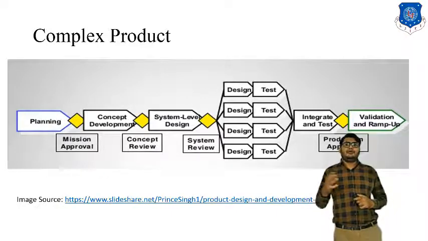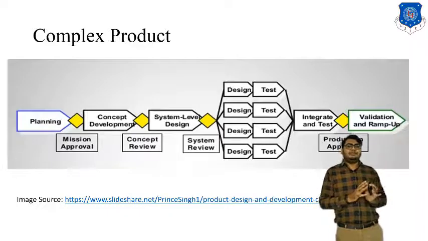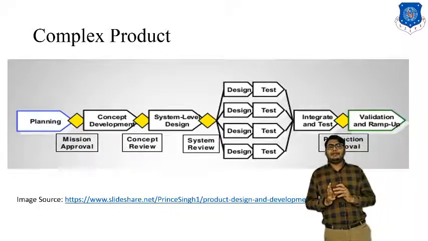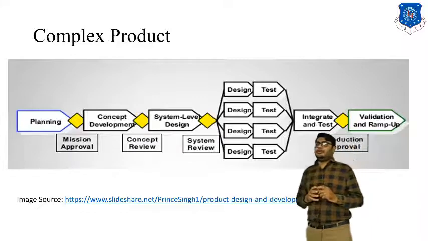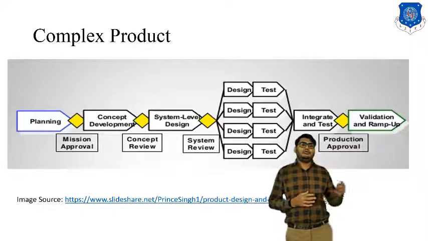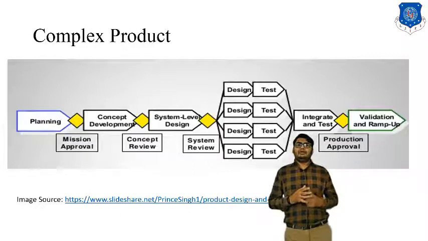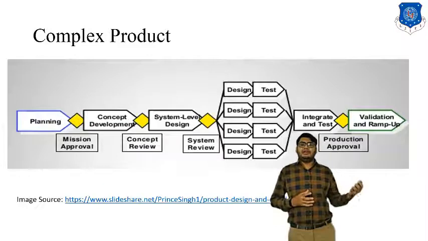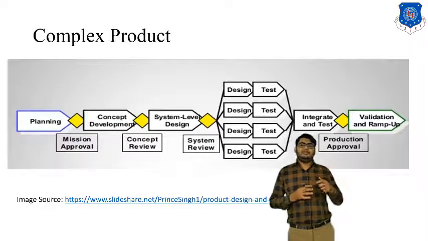After that, we go for system level design and then we go for a system review. After we finalize the system level design, we again send our design to review to make sure that what we have designed and what the product needed are in sync. There is no mismatch of parameters.